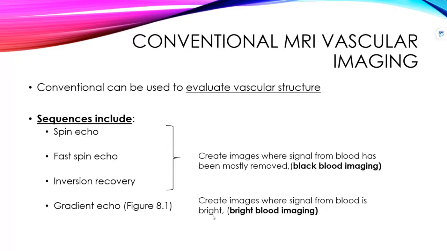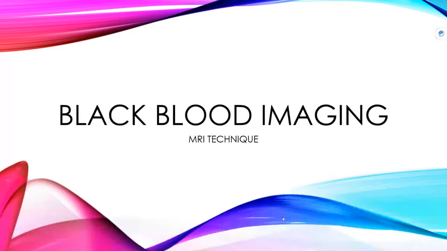Remember, this is because we are using gradients to rephase, so they're not slice selective. So every spin gets rephased, and the spins that have been excited will always produce a signal because they're always going to get rephased. So we call gradient echo sequences bright blood imaging. And so if you look at that figure 8.1 again, spin echo is black and gradient echo is bright. That's a really good visual representation of the difference between them.